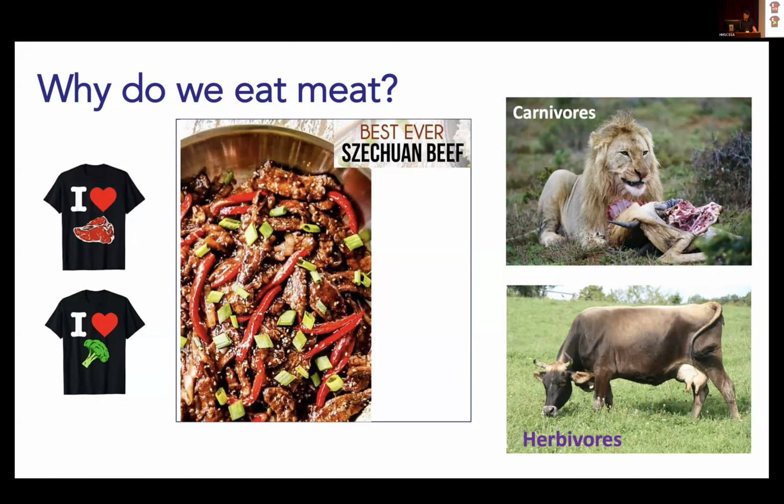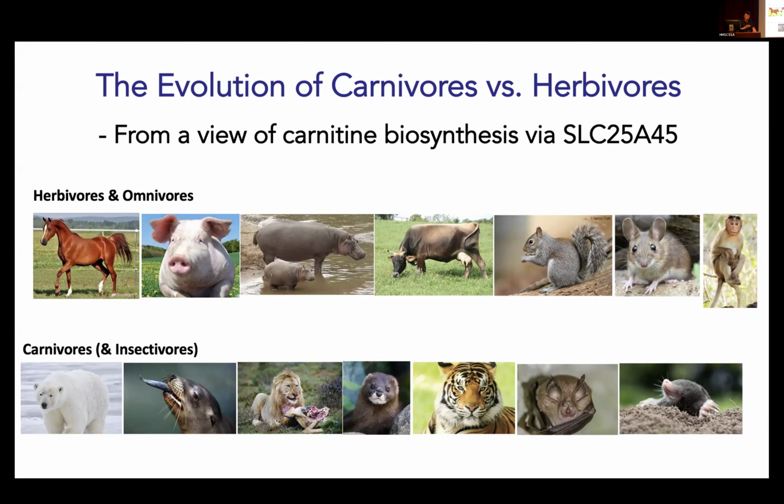Because of this study, and because of the anecdotal conversation with my daughter, I started to think: is it related to carnitine synthesis capacity? When I look at the evolution of carnivores and herbivores across the species, herbivores, omnivores, insectivores, all kinds, I asked some students, can we look at the sequence homology of those sequences?